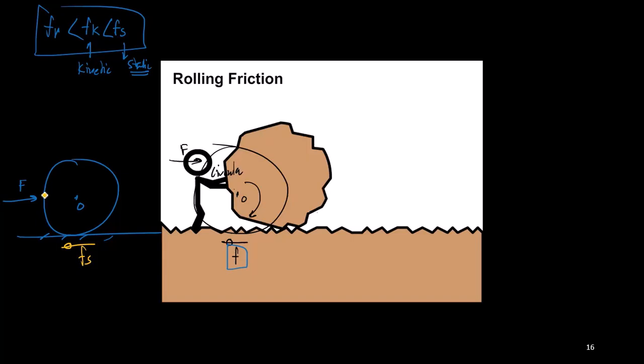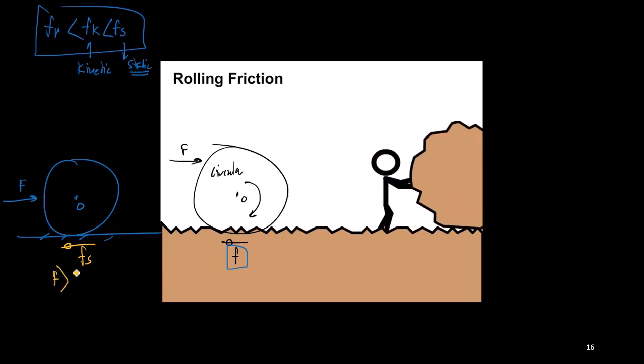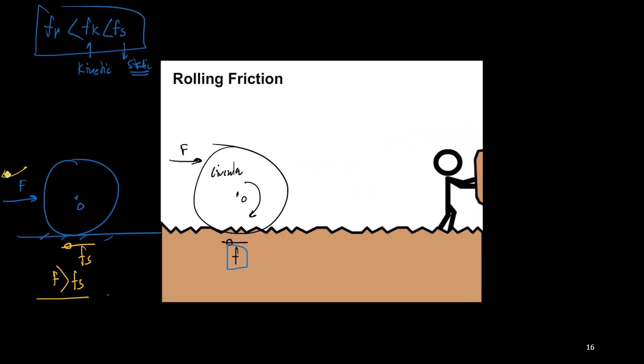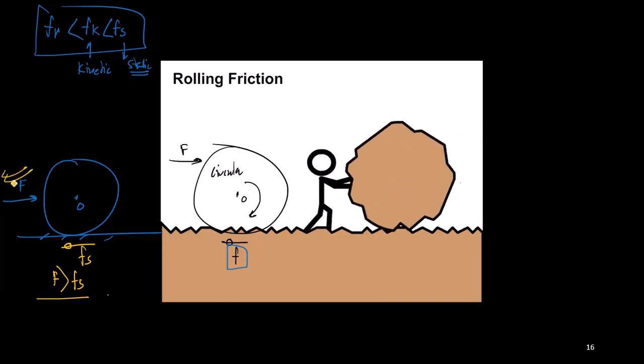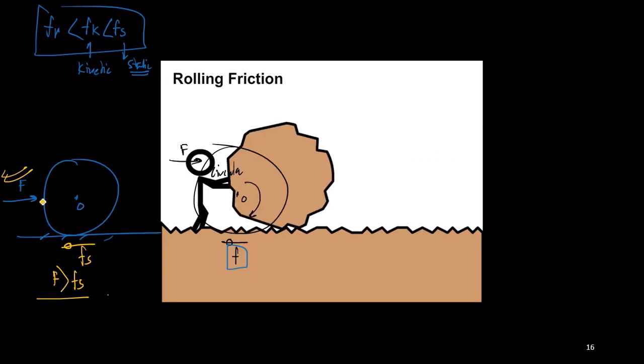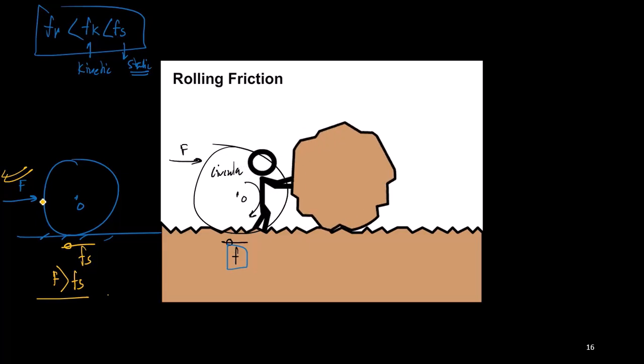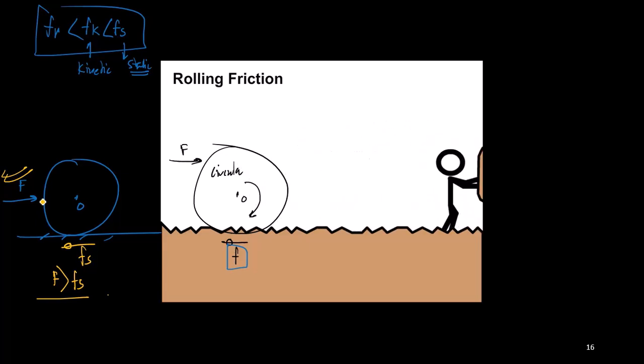Until and unless I give a force greater than Fs, the body will not start moving. So in order to start the movement, you have to apply a greater amount of force. Why? Because the Fs value is the maximum. So it is easier to roll, but rolling is a term defined only for circular objects.